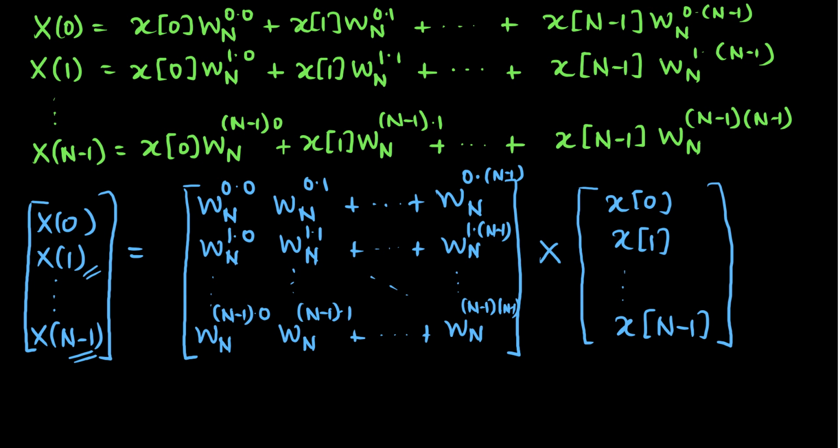So this X of 0 can be calculated by multiplication of the first row into this column. Then X of 1 can be obtained by multiplication like this, and this X of n minus 1 can be obtained by multiplication like this.